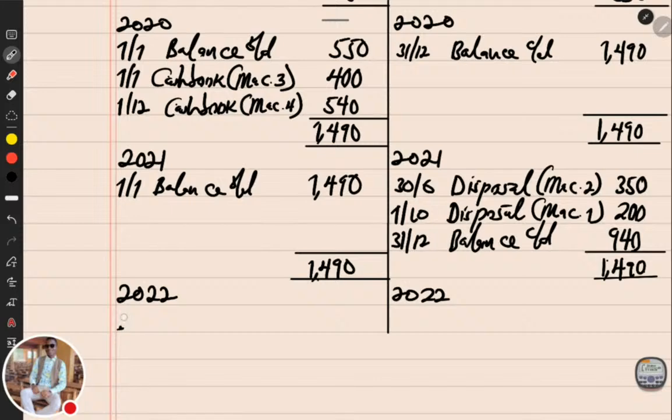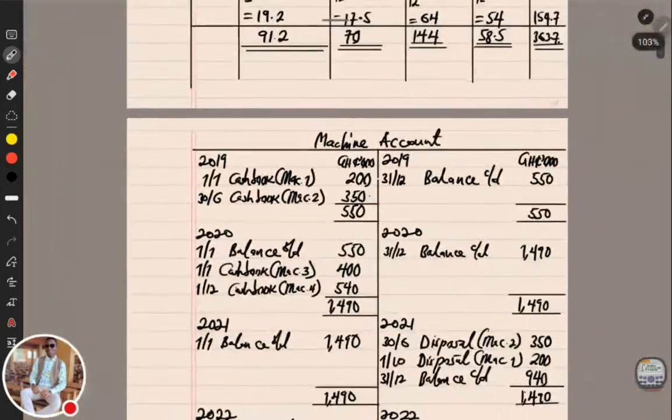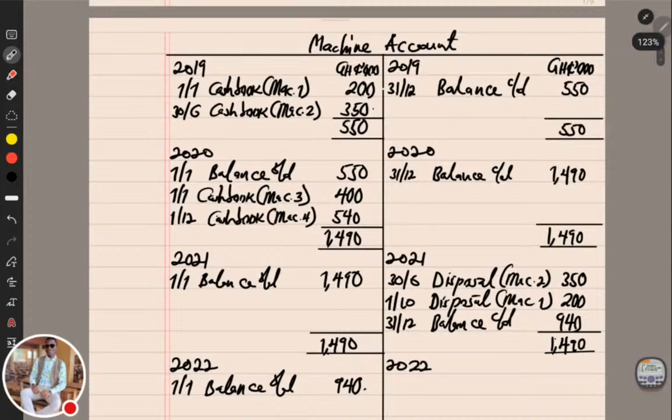So we have 1st January, we have our balance brought down, and write a figure of what? 940, and we are done. So that is all for the machine account that is supposed to have generally there.